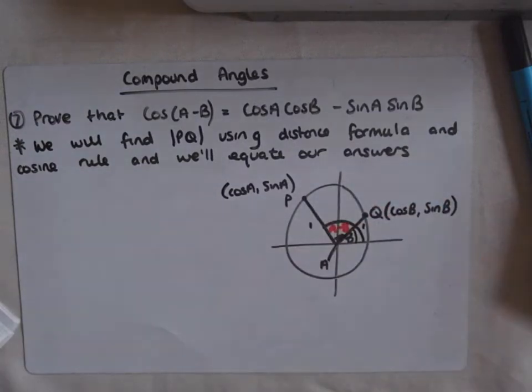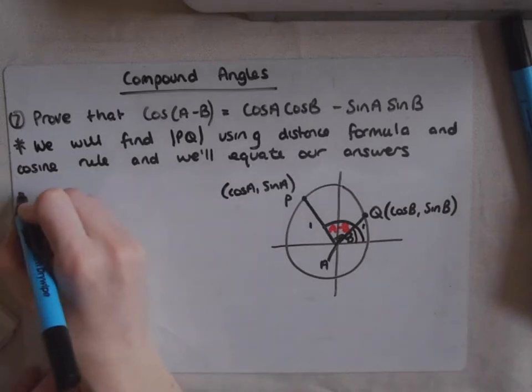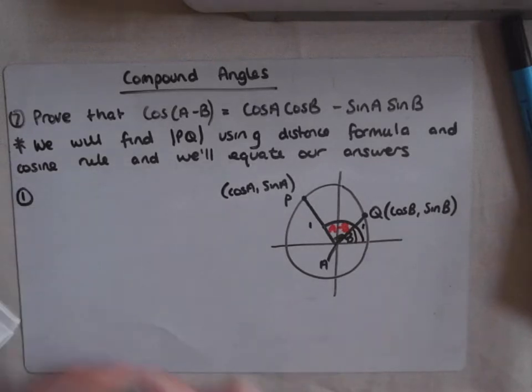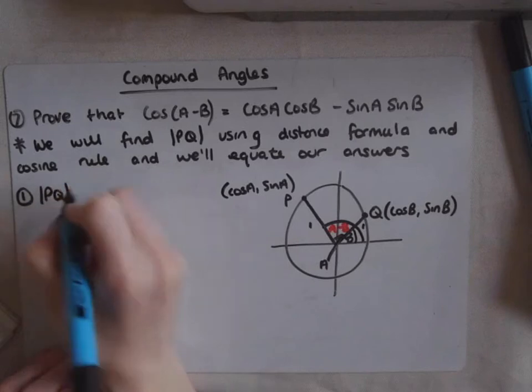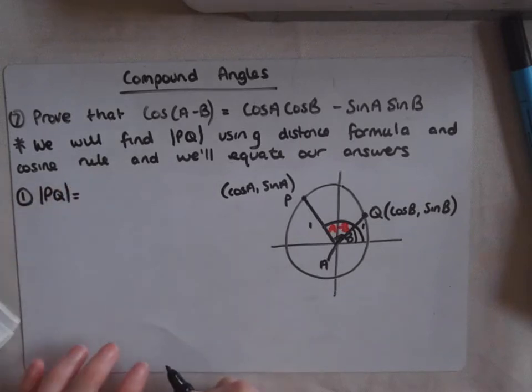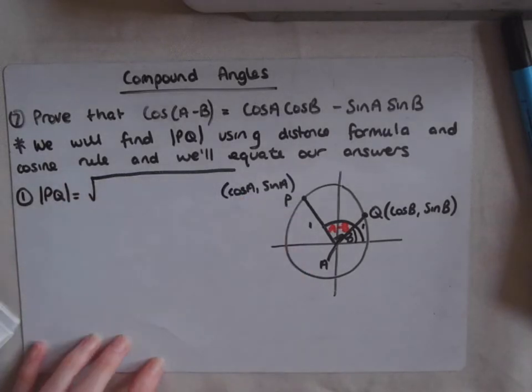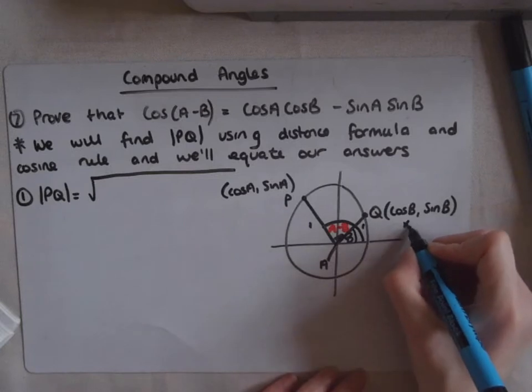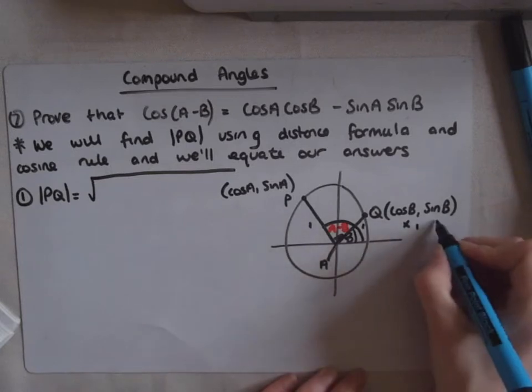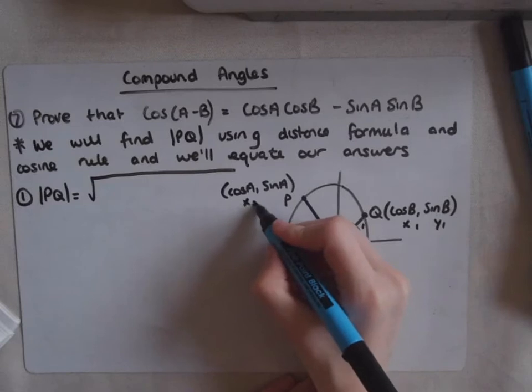Okay, so we're going to find PQ using the distance formula and the cosine rule, and we'll equate our answers. So start first of all finding PQ using the distance formula. So you're going to call this x1, y1, x2, y2.